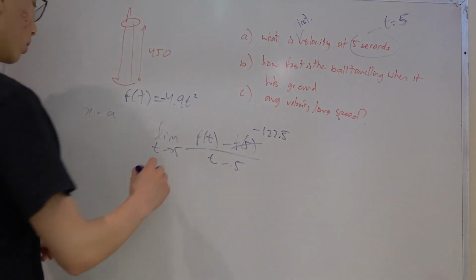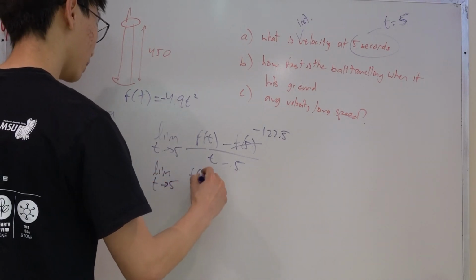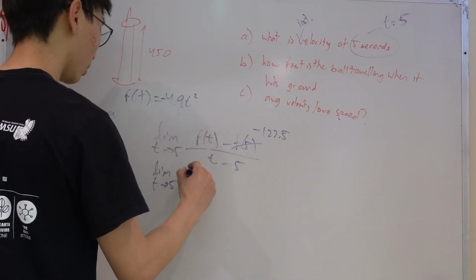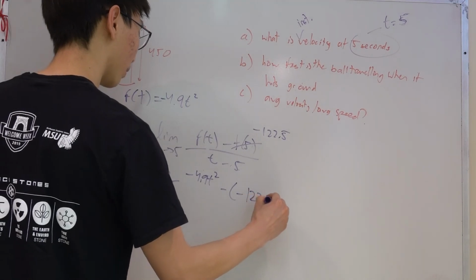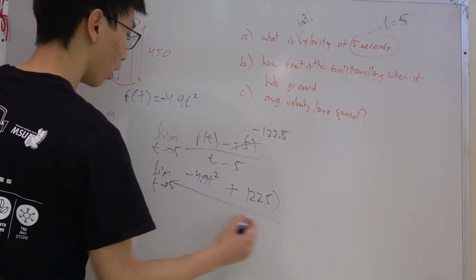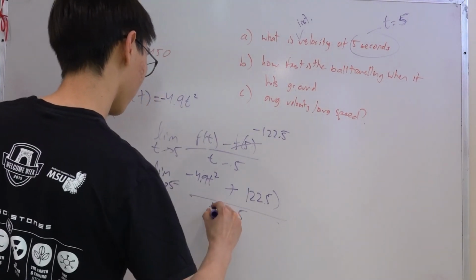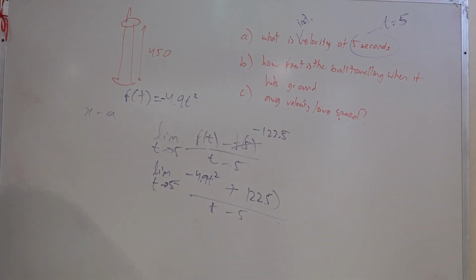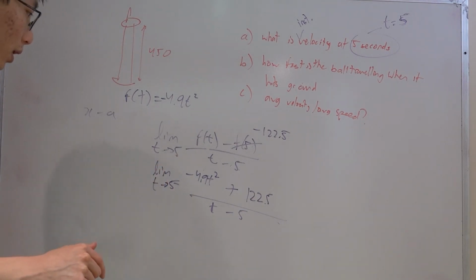All right, so I can replace this with limit as t approaches 5 of negative 4.9 t squared minus 122.5, minus becomes a plus, all of that over t minus 5. Okay, all good? So we're going to try and evaluate this limit. Of course, we have to use our really annoying method. So let's calculate this limit.